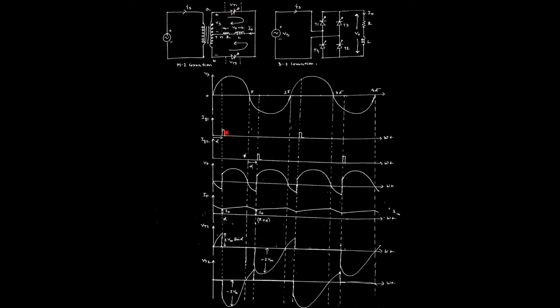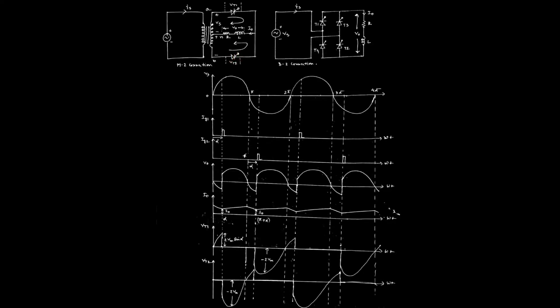That is why Ig1, at alpha, the triggering angle, is given in the positive half cycle only. The next one is given in the next positive half cycle at the point 2 pi plus alpha. Similarly, the next gate pulse, Ig2, should be given across the second SCR, T2.